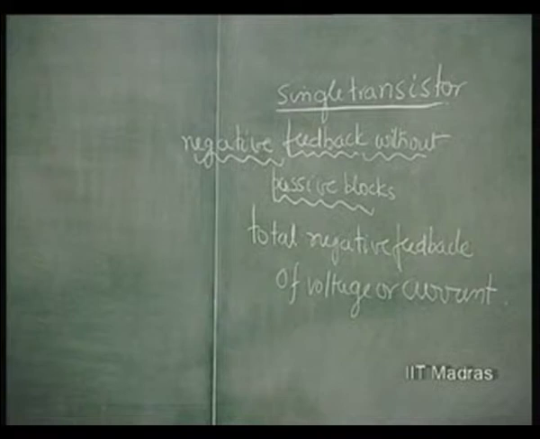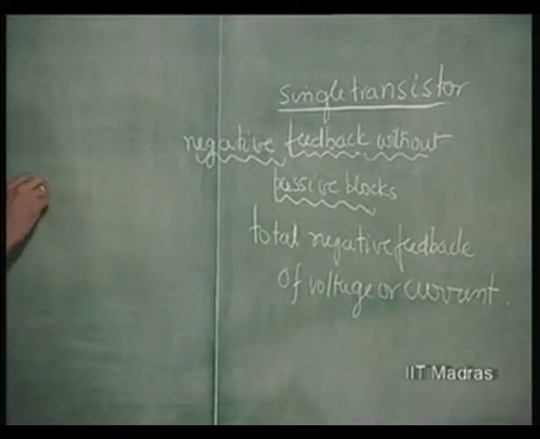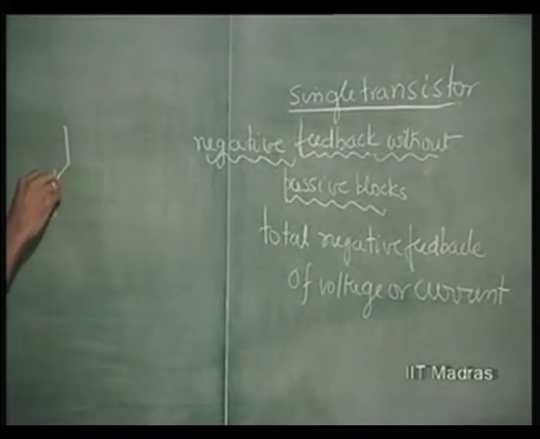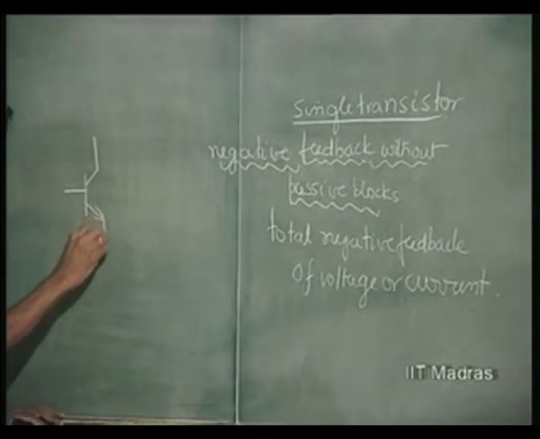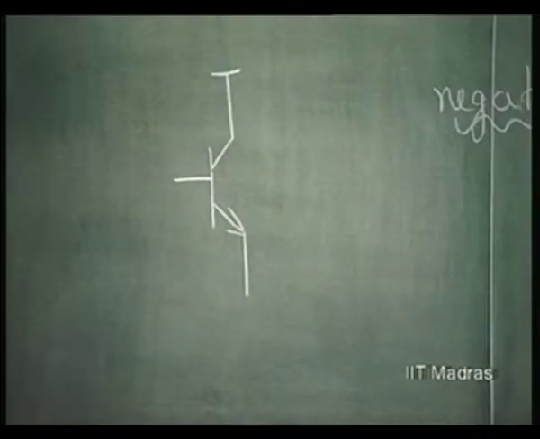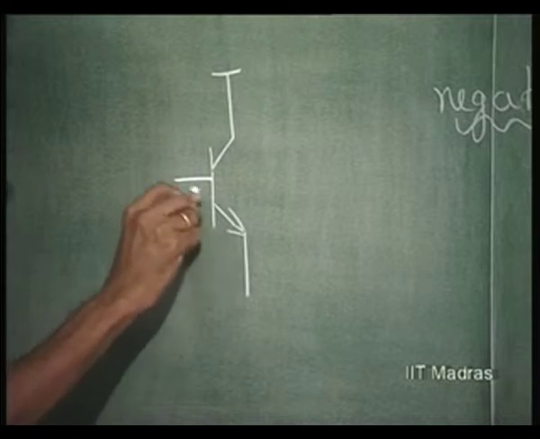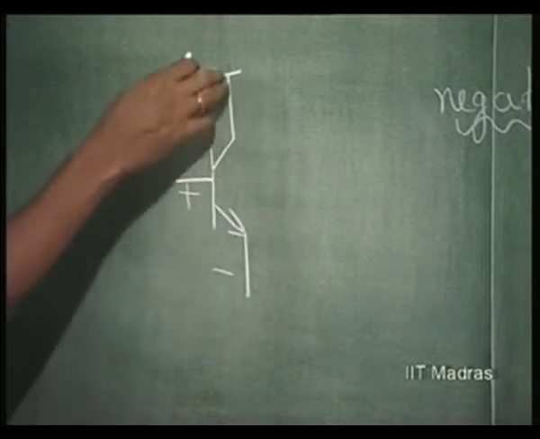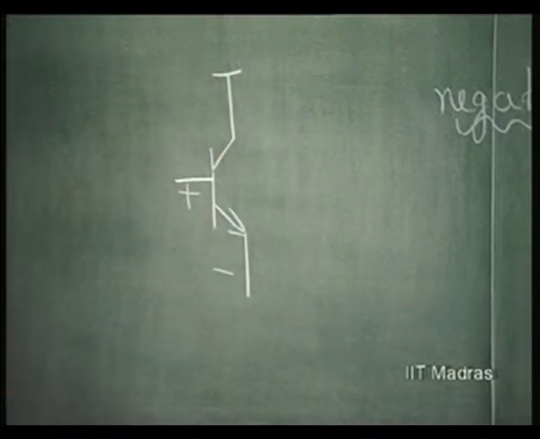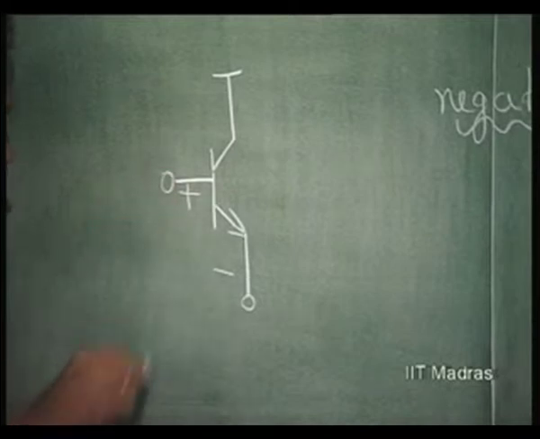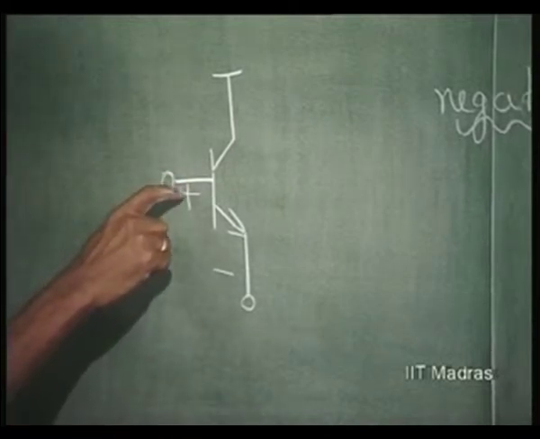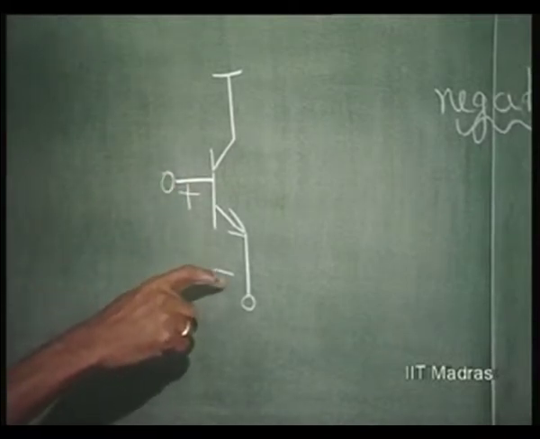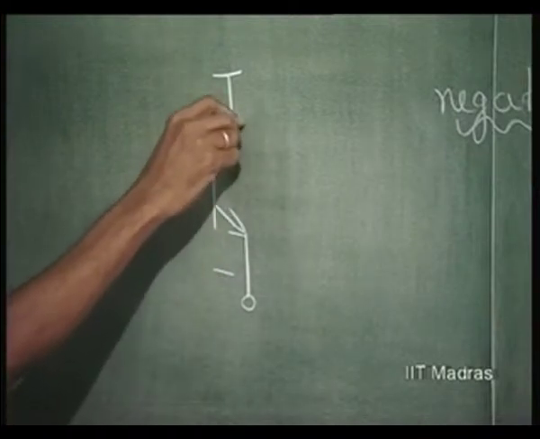This is the interesting part. Consider the single transistor circuit. This is the input terminal. Normally output is taken there, right? There is no reason why output should be taken there. You can also take it at the emitter itself. But I would like to now see that if this is Vi, Gm times Vi is the output current.